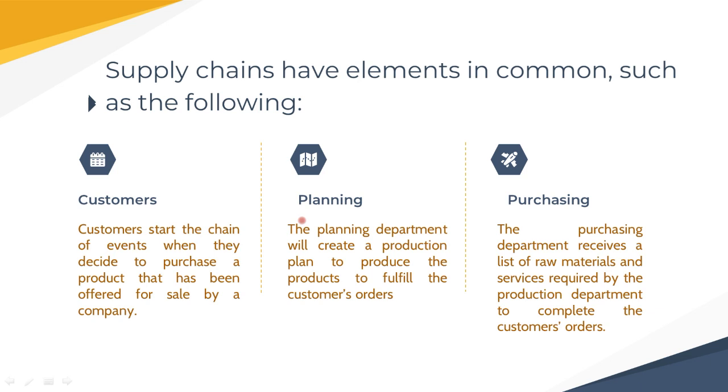Kailangan natin ilista, kailangan natin i-note lahat ng mga materials na gagamitin natin in order for us to produce the product o yung mga customers order. So dapat kapag bumili tayo ng ating mga pangangailangan ng raw materials and services, we have to make sure that it's complete para maiwasan natin na magsayang ng pera.